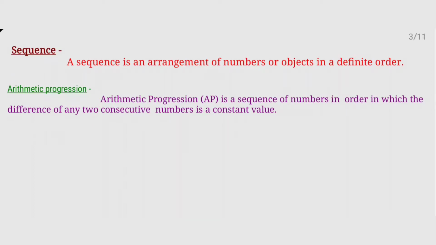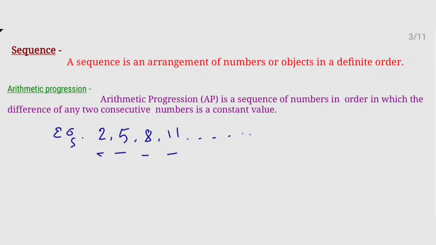So take one example here: 2, 5, 8, 11, and so on. So here 2 is the first term, 5 is the second term, 8 is the third term and 11 is the fourth term.